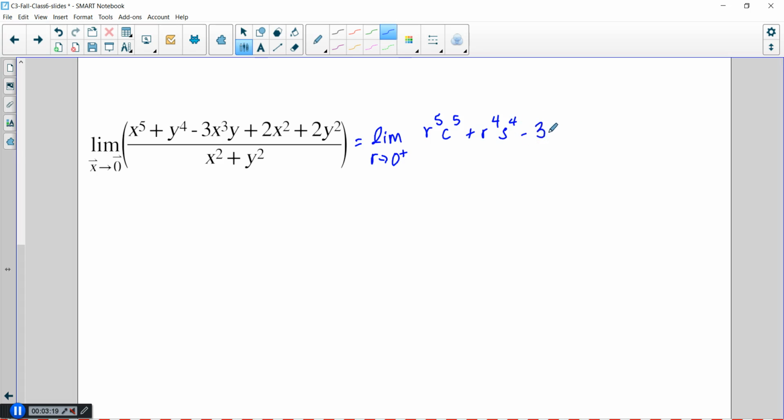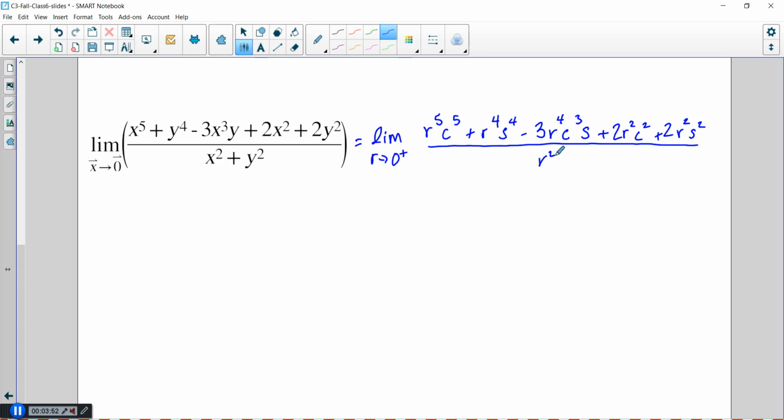minus 3r to the 3rd cosine to the 3rd, actually this would be r to the 4th when we incorporate the y as sine, right, and then plus 2r squared cosine squared plus 2r squared sine squared all over r squared.